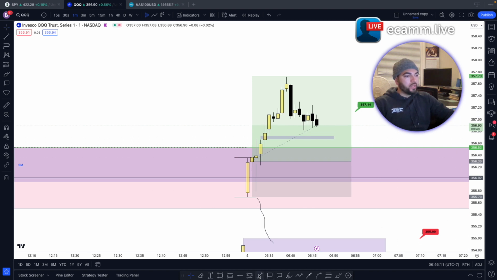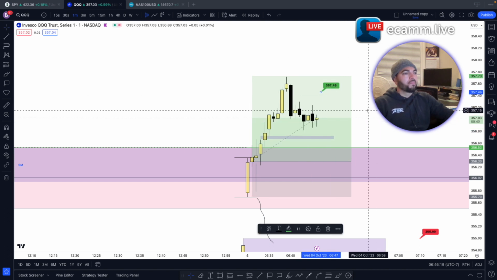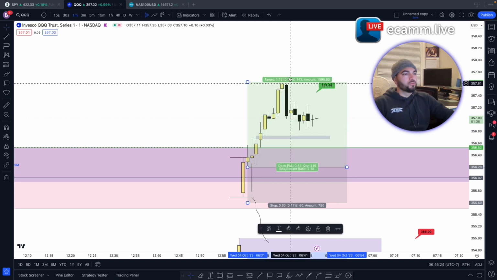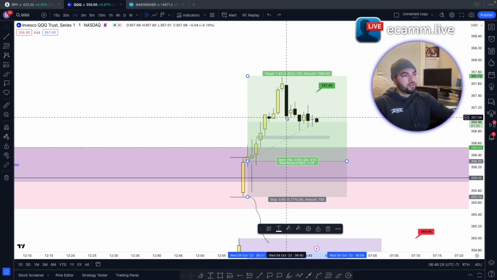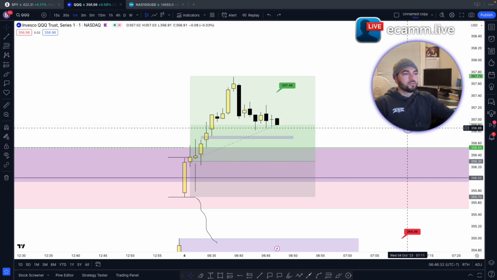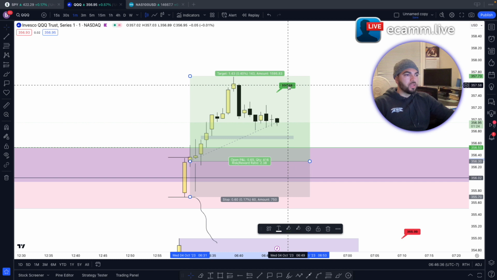So what we have here now is we've got this supply up here. We now have this 1 minute supply. Why is that? Impulse move. Impulse move down leaves behind supply, right? Trading does not have to be complicated. Keep it simple.